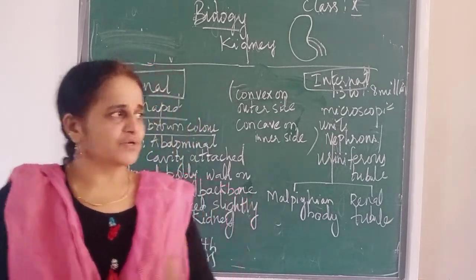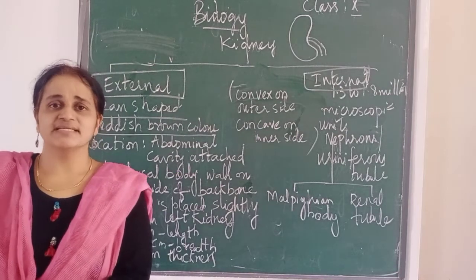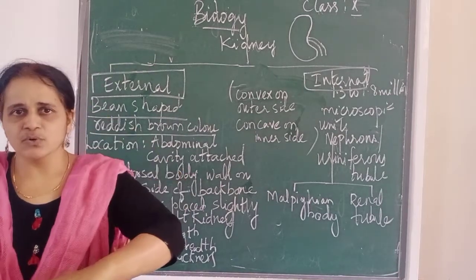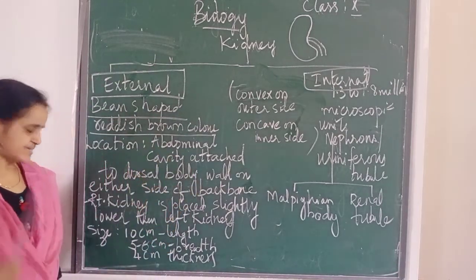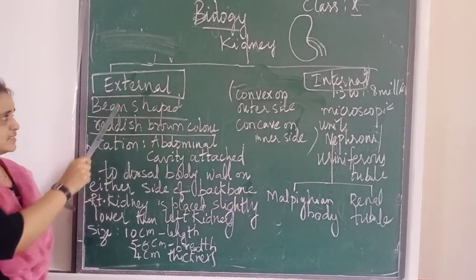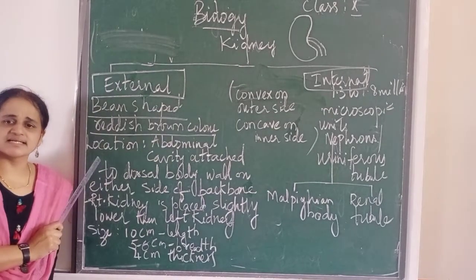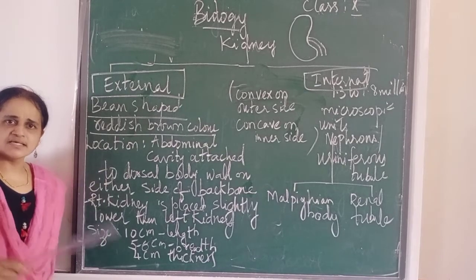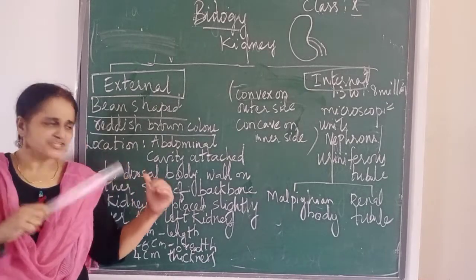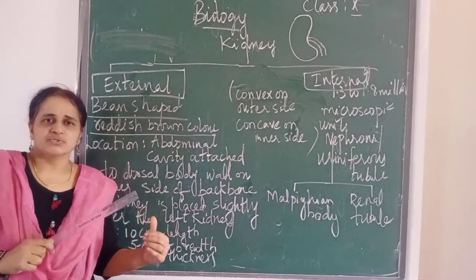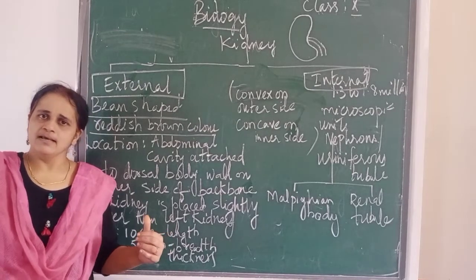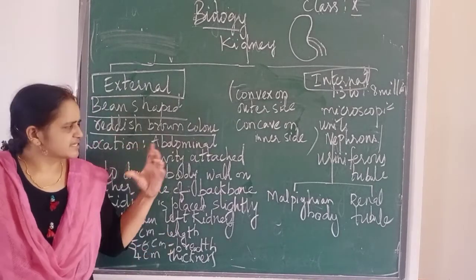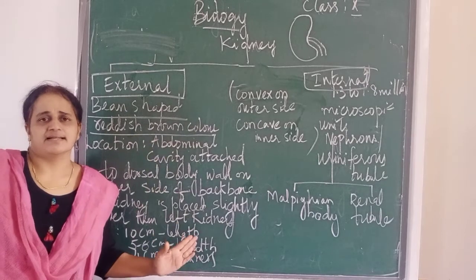So because of the location of the liver very close to the right kidney, it is slightly lower than the left kidney. So all got some external characters of kidney. You have to pay very much attention to what is being told, so that you will remember it so well that in the examination you can write all the external characters by yourself.